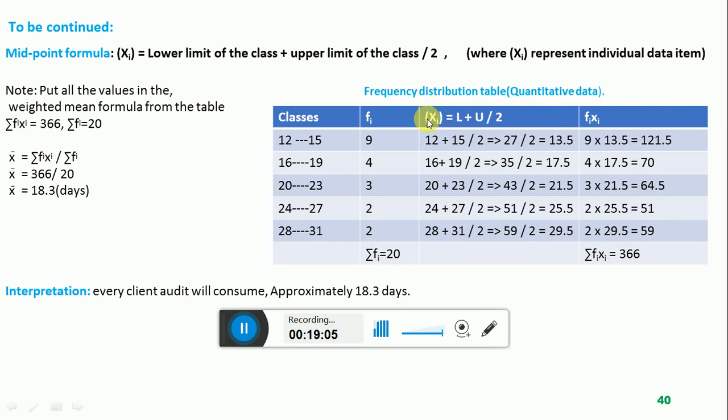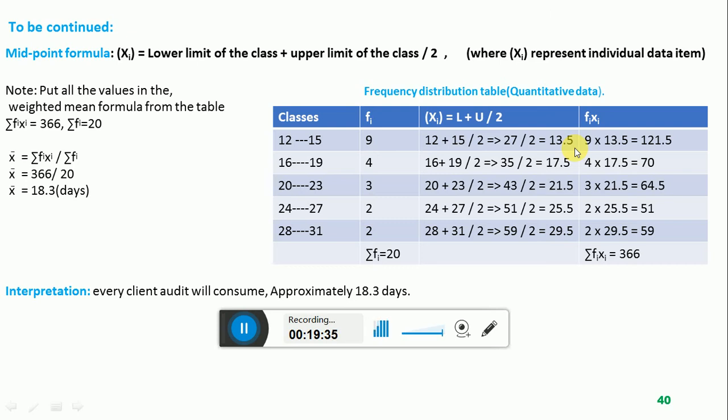The midpoint formula to develop the data item is given: L stands for the lower limit of the class plus U stands for the upper limit of the class, whole divided by 2. Now the lower limit of the class is 12 plus the upper limit of the class is 15, and we are dividing the whole by 2. So this implies 12 plus 15, 27, whole divided by 2, and is equal to 13.5.